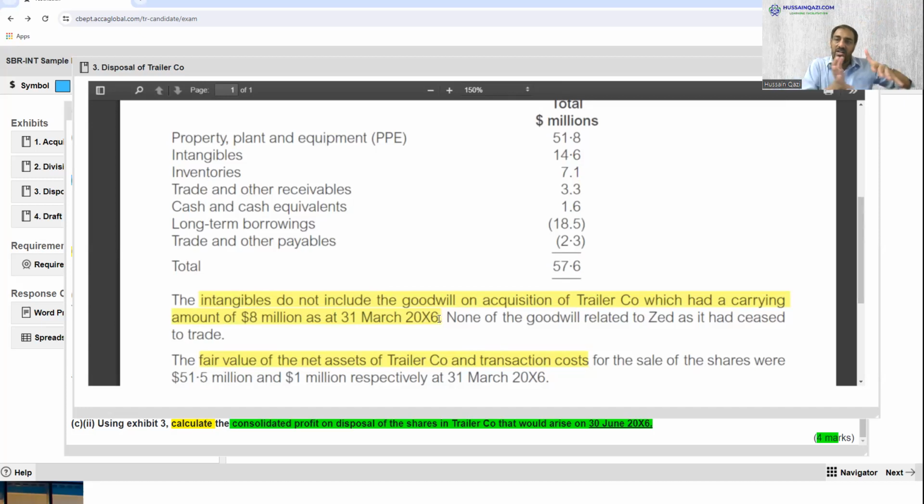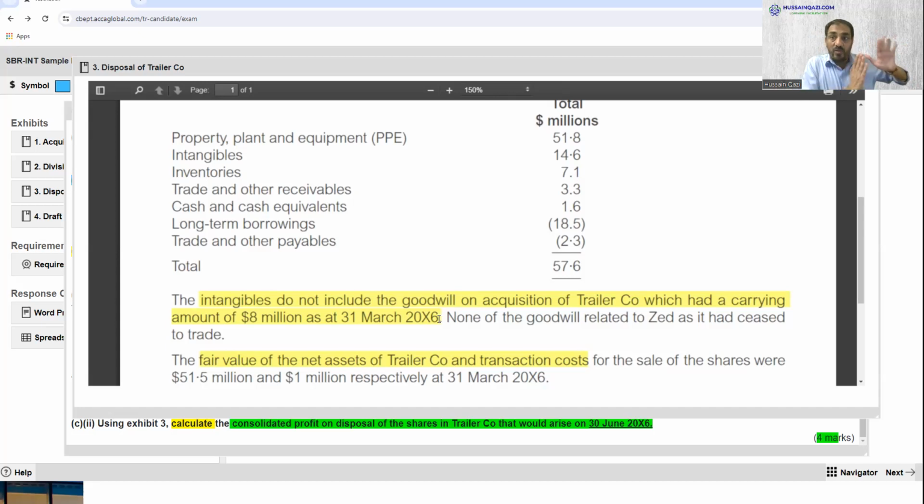So whatever we have calculated before, that's 19. That's the goodwill already part of the consolidated balance sheet, and it's about Trailer and other subsidiaries of Auto company. But now the Trailer company goodwill at 31st March X6 becomes 8 million.